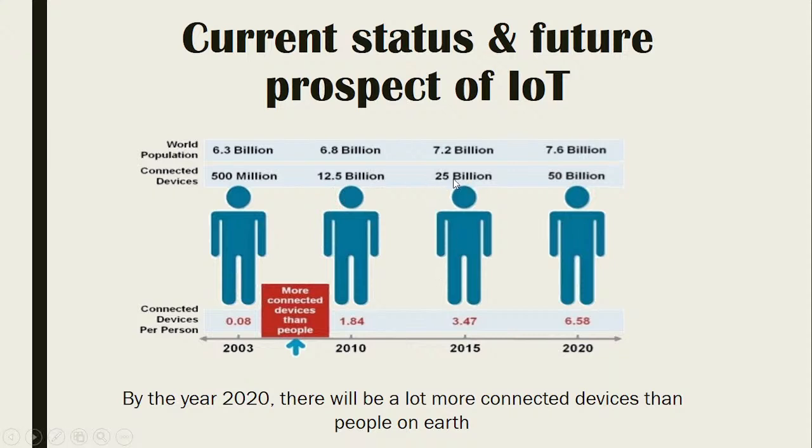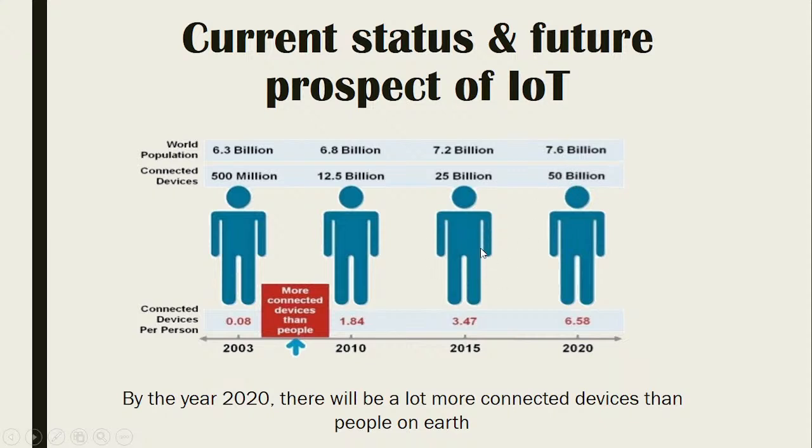Again, 25 billion devices connected, and the population increased to 7.2 billion. And then in 2020, 7.6 billion population, and 50 billion devices connected. So you can see how many times bigger the number of connected devices is.